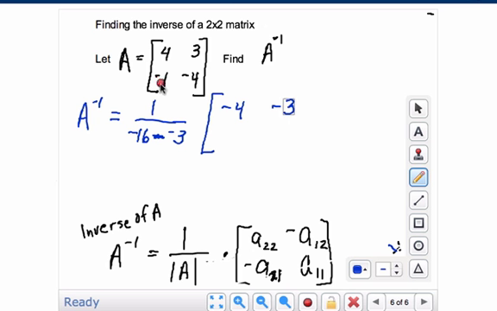And then here we're going to take the opposite of row 2, column 1. Row 2, column 1 is a -1. We're going to take the opposite of that, that's a +1. And then the very last position over here, we're going to put the value of row 1, column 1. Row 1, column 1 is right here, 4.